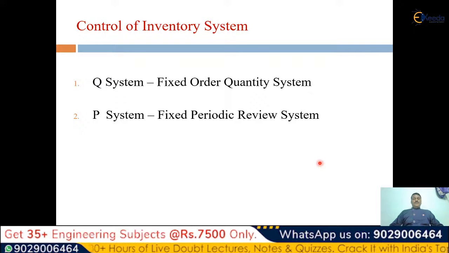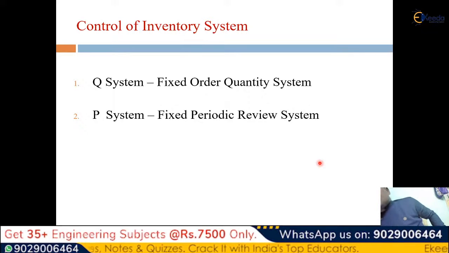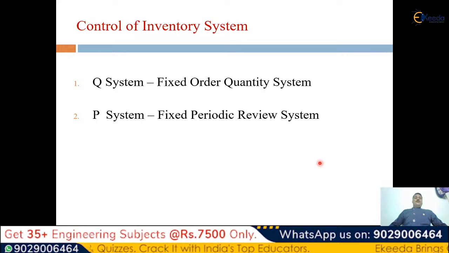Okay. So during this condition of inventory, what do we generally do whenever we need to do certain things? For example, if we go to a bakery shop for ordering a cake, we cannot assume the number of cakes which will be ordered per day.